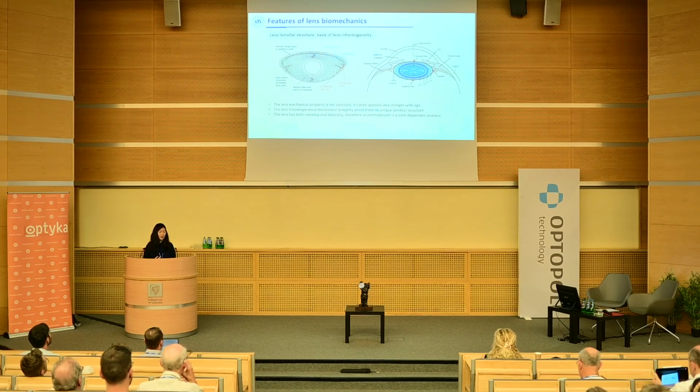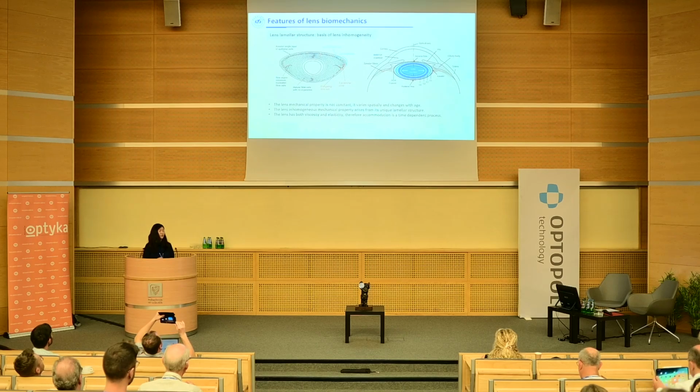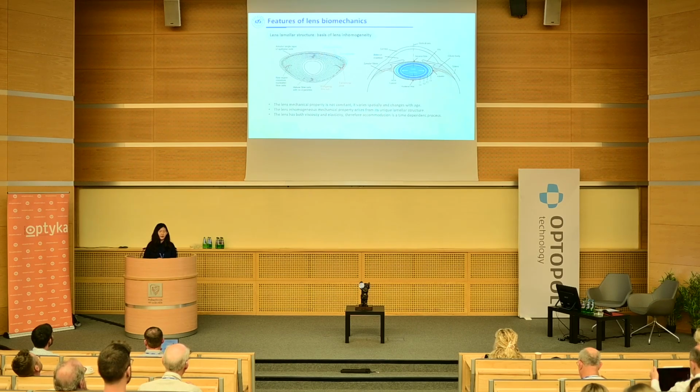Inside the cells, the cytosolic protein concentration varies spatially. It is highest in the center, but gradually decreases toward the periphery. This spatial inhomogeneity is the basis for the spatially varying optical and mechanical properties.